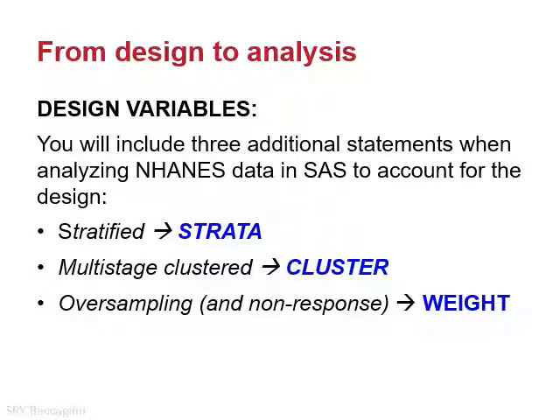These will be the strata, cluster, and weight. These 3 statements will be included each time, and then for each of these, you will define which variable represents the strata, cluster, and weight. And we will see that later on.